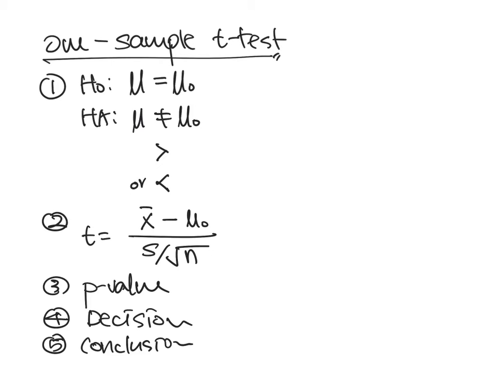And the test statistic, the t-score, was from the z, which has the same numerator, but the denominator we assumed we knew the sigma.